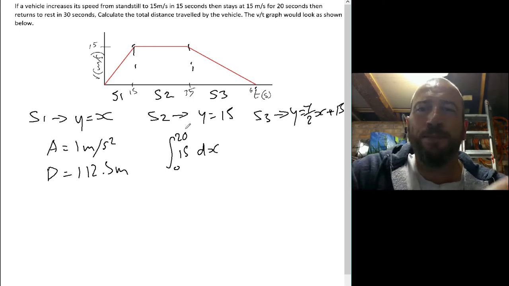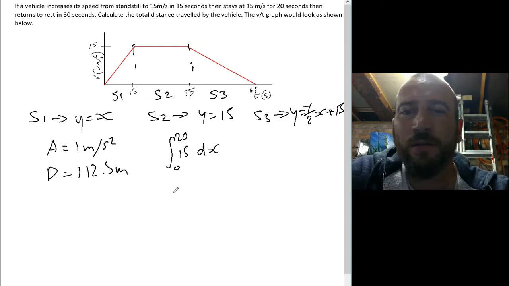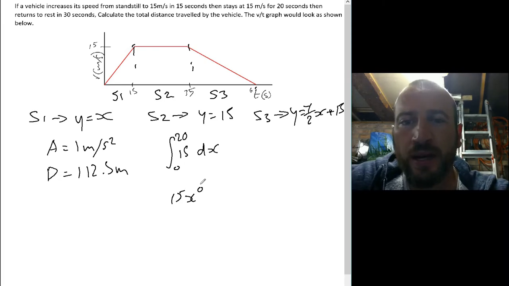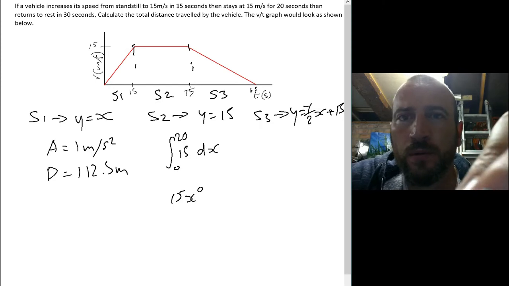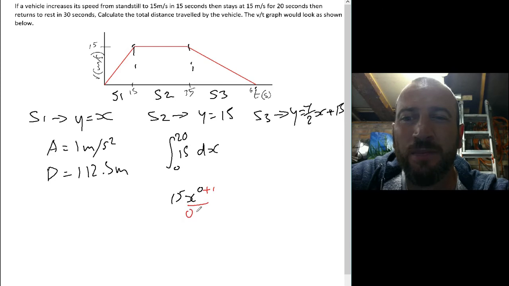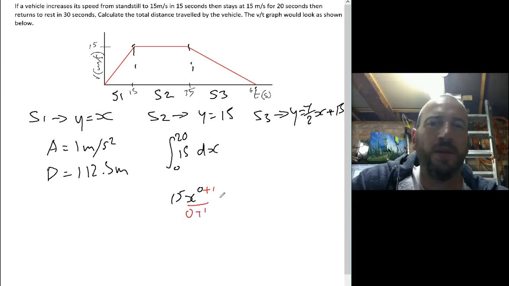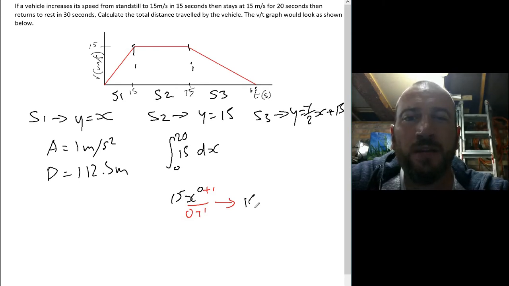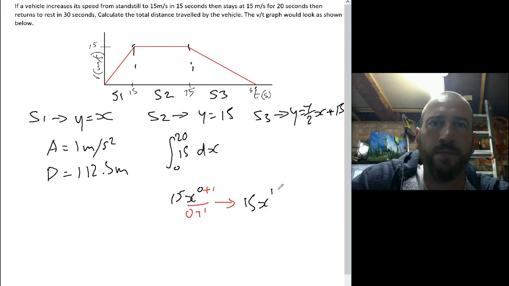Because this is essentially 15 x to the power of 0, we do the same thing we did before with the x. We add 1 to the 0, and then divide by 0 plus 1. So essentially this becomes 15 x to the power of 1, so 15 times x.